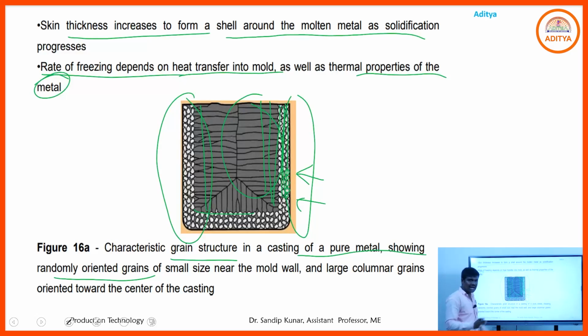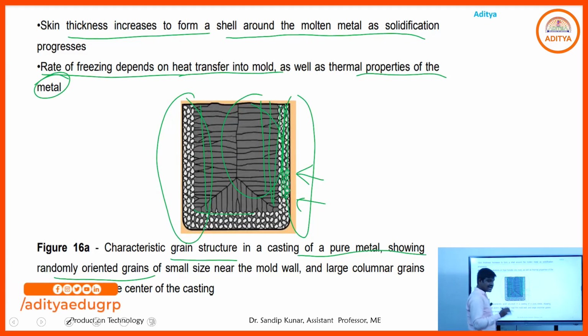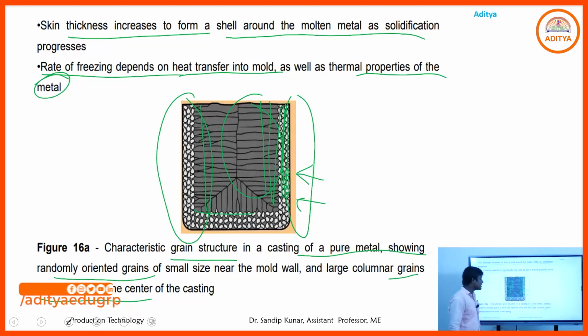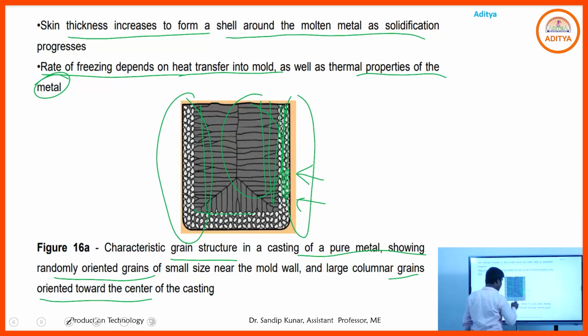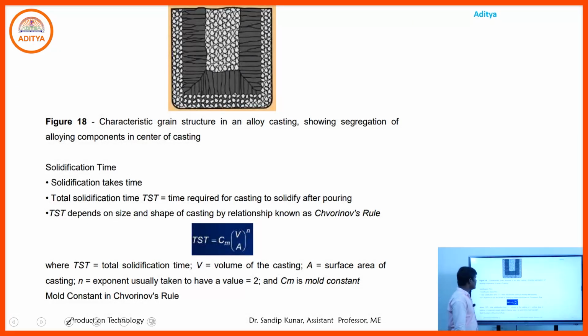After that, with heat extraction, large columnar grains oriented toward the center of the casting are formed, meaning continuous removal of heat forms columnar grains towards the center from the mold cavity.